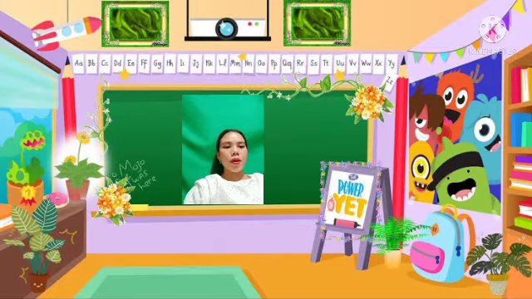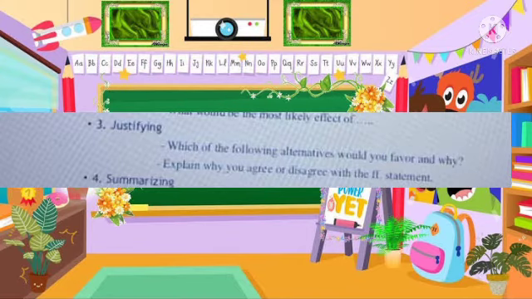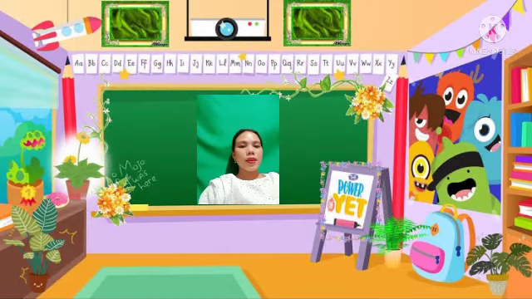Justifying means to show or prove to be right or reasonable. Example: which of the following alternatives would you favor and why? And the next one: explain why you agree or disagree with the following statement. Number 4, summarizing.